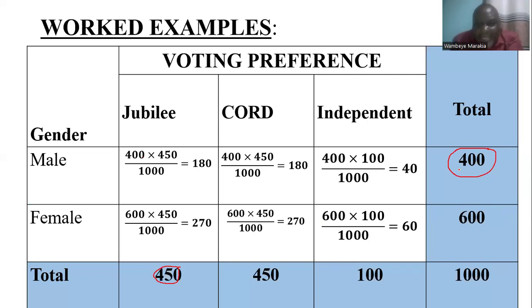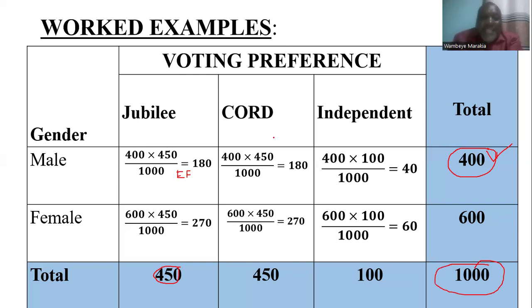So this is 400 times 450 all over 1,000. 1,000, as I told you earlier, is the value that forms the total for all of it. So that is the value that goes to the denominator. So here we have 400 times 450 all over 1,000. You get 180. This 180 is the expected frequency for this cell.